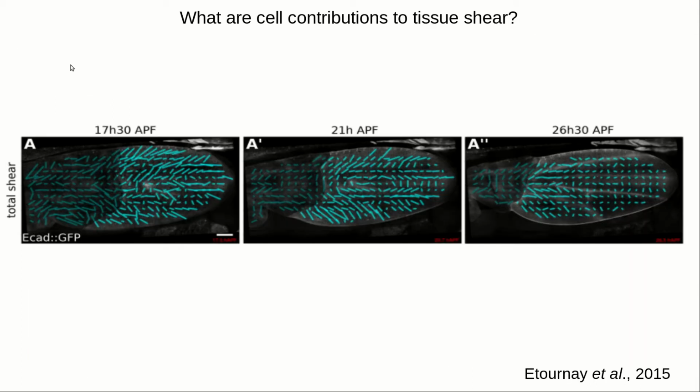During this process, the blade tissue is shearing, but this shearing is not homogeneous in time and space, so it can be measured. Here you can see how the shearing is oriented at 17 hours 30 minutes after pupariation, at 21 hours, and at 26 hours, where shearing has mostly stopped in the most distal part of the wing, and it's still significant in the most proximal part.